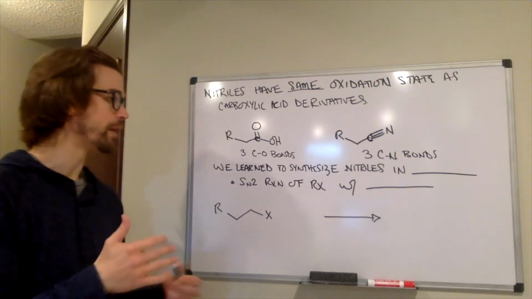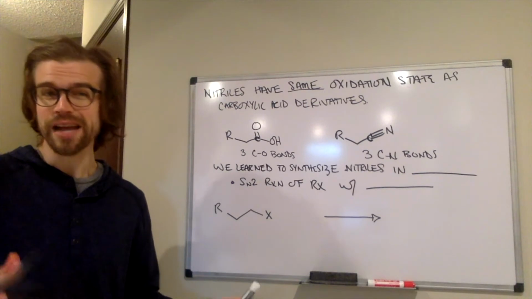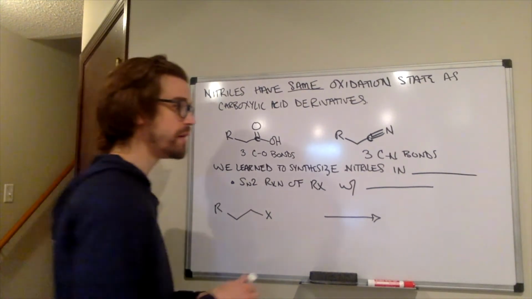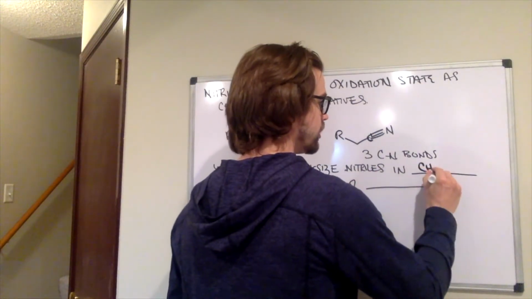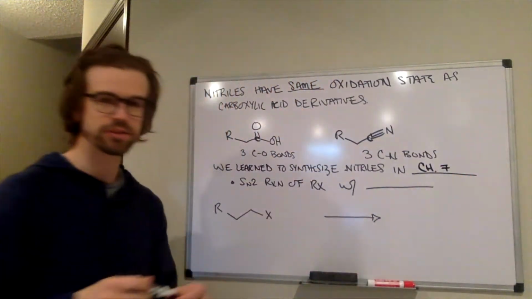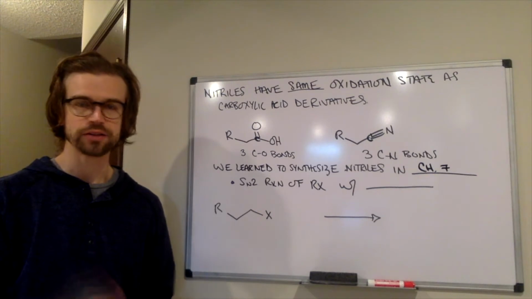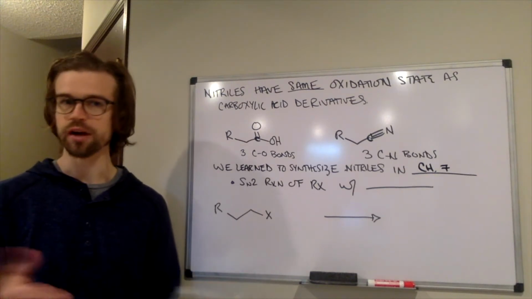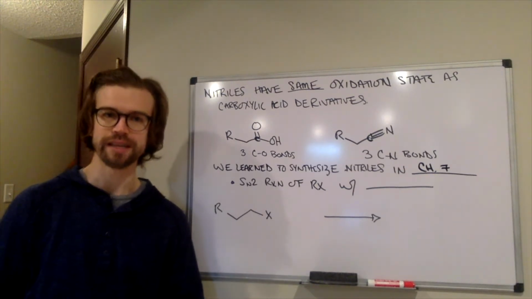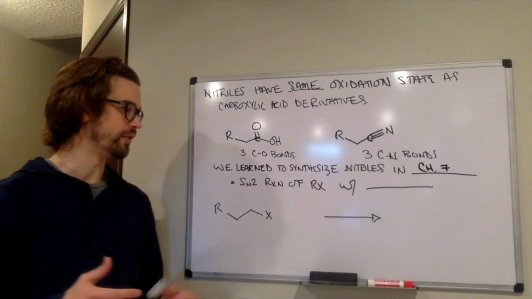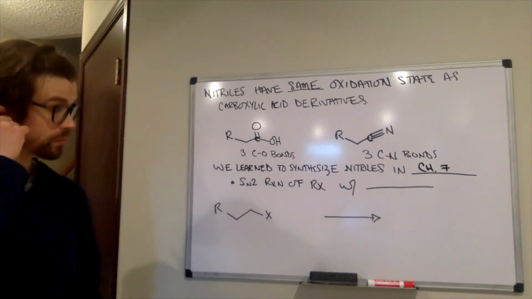What else about nitriles? Well, how do we synthesize them? We technically learned how to synthesize nitriles way back in chapter 7. Chapter 7 was the introduction chapter to substitution reactions, where we went super far in depth on when it's SN1, when it's SN2, all the different characteristics of those things.